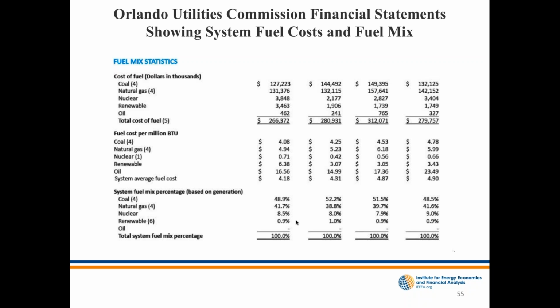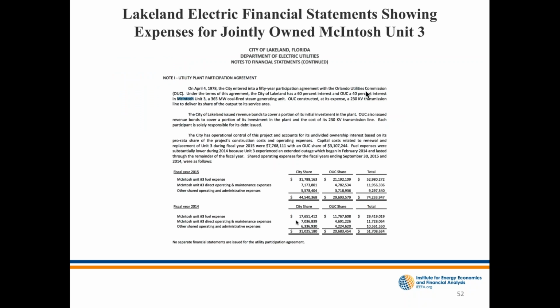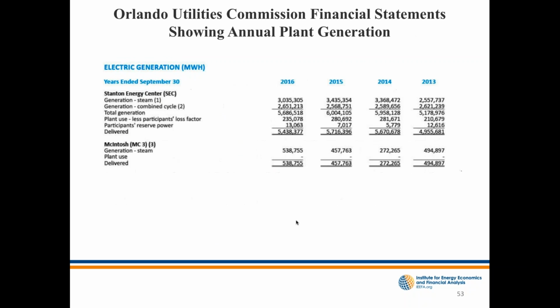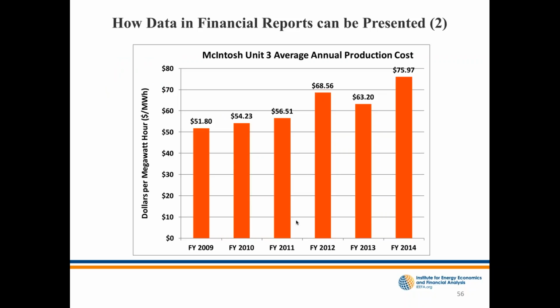So what I did was take the cost information from Lakeland and the generation information from Orlando to come up with an average annual production cost. And you can see here that costs rose and generation declined from an earlier slide, so the average production cost per megawatt hour went up steeply.